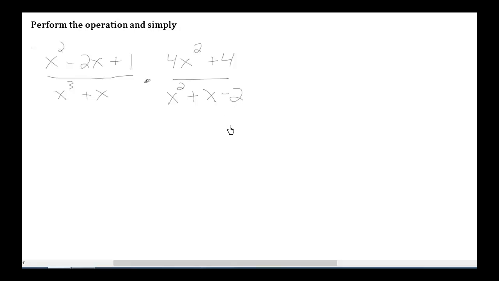Here I have a rational expression and another rational expression, polynomial over polynomial, and you're multiplying. That's the operation. So step number 1 is factor the top and bottom of both rational expressions.